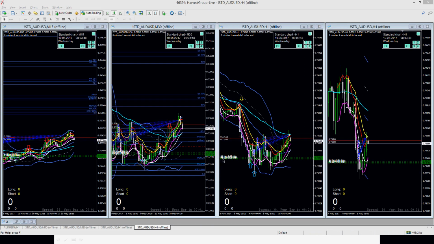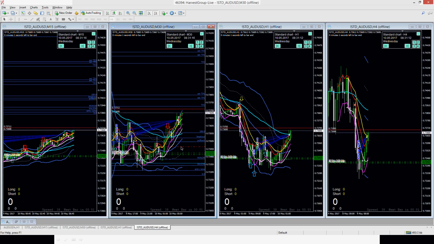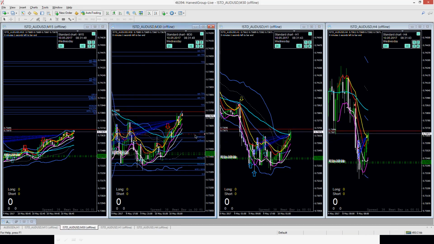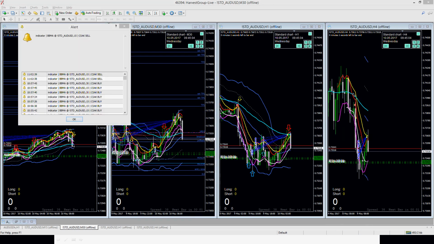So there's a possibility of re-entry sell on an H4 level. Let me check. Okay, there's a re-entry buy on M30. So in this sense, I will move my stop loss over here, because there's a re-entry buy over there. So I will just hold my position.